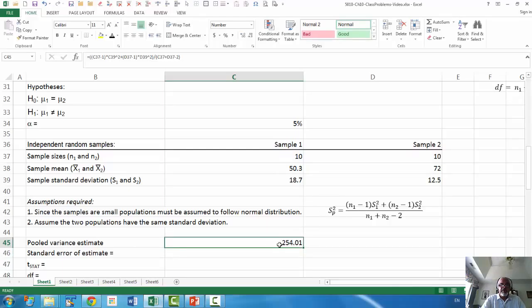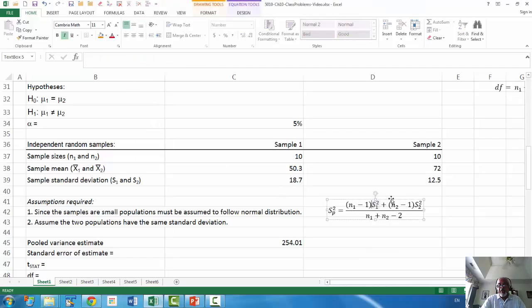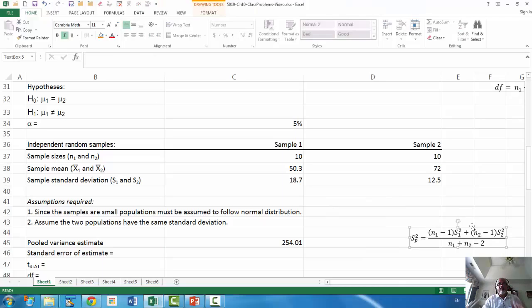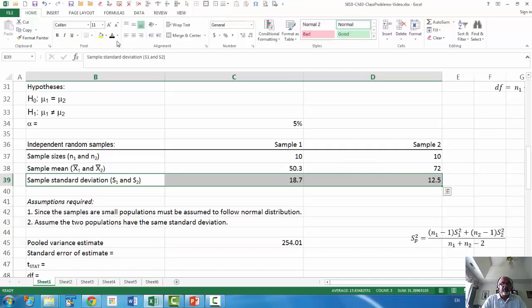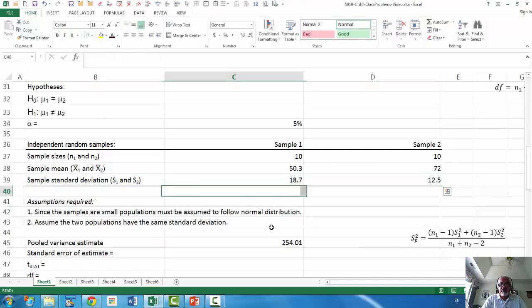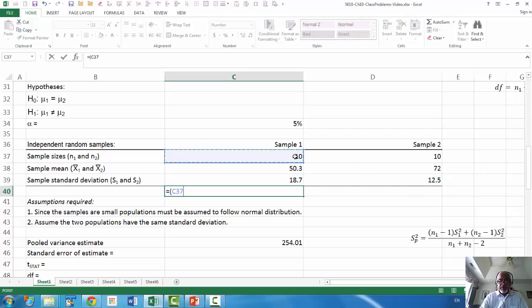So this is the variance. When we have long formulas like this, it is probably a good idea to split them up into smaller segments, so the chance of error is minimized. So what I would do is, okay, let's separate this. We'll compute n sub 1 minus 1 times that square.